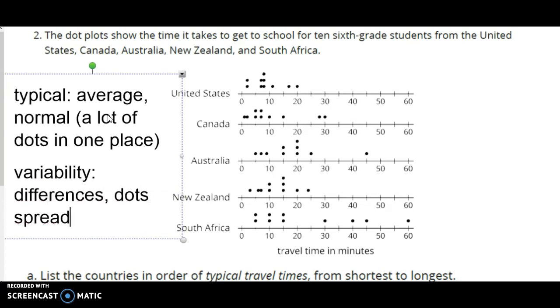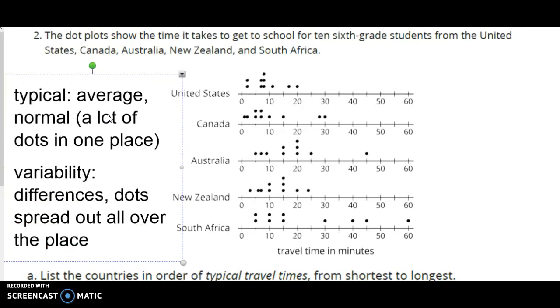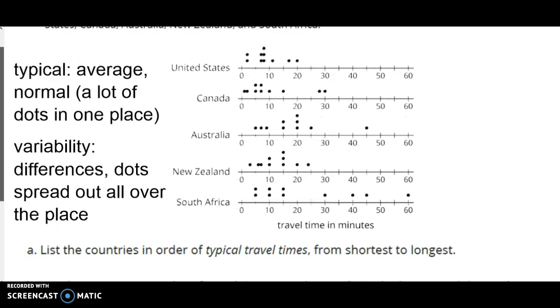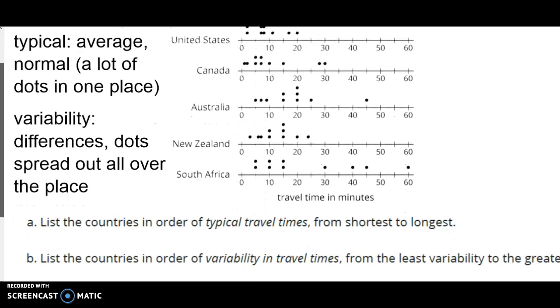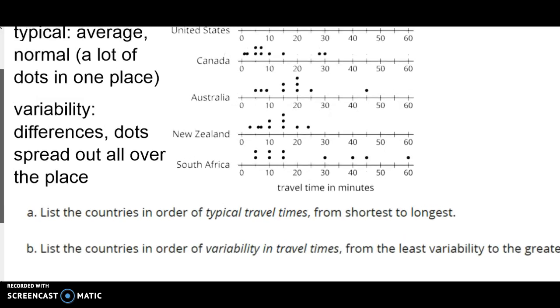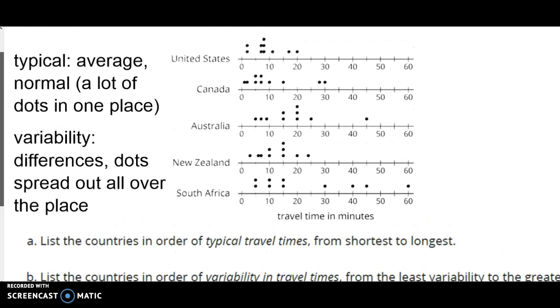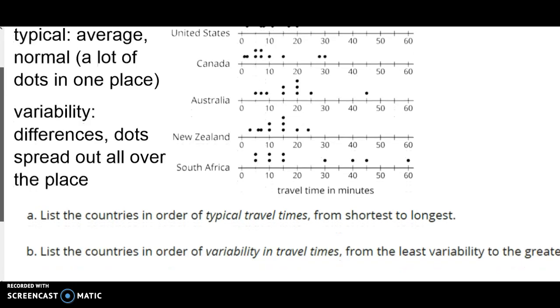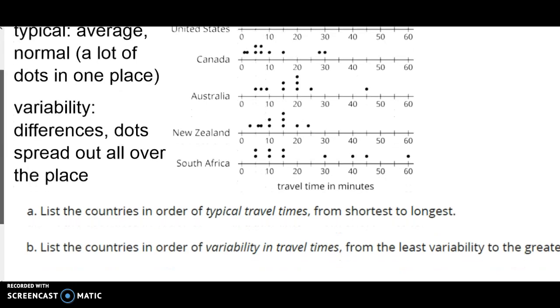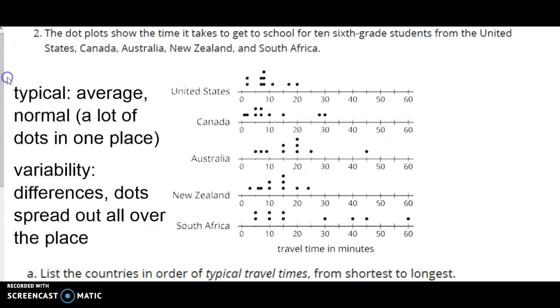So dots spread out all over the place. It's kind of like range if we think about mean, median, mode, and range. So A says list the countries in order of typical travel times from shortest to longest. List the countries in order of variability from travel times from least variable to the greatest variable.